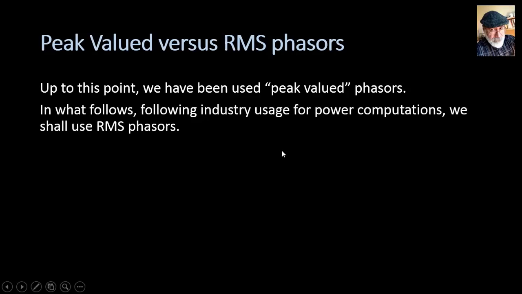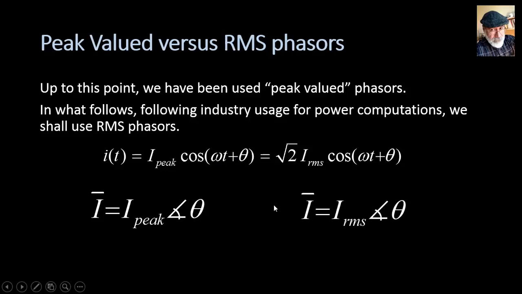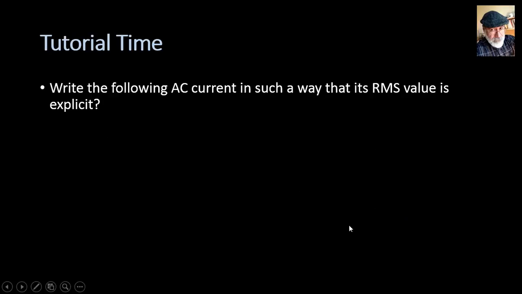From this point on, following industry standards for power computations, we shall use RMS phasors exclusively. If this is the function of time written this way or that way, we can represent that with a peak-valued phasor the way we've done, or with an IEEE, an RMS phasor, that we shall do from now on.